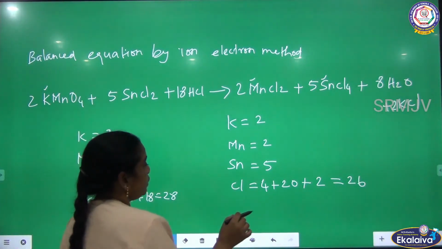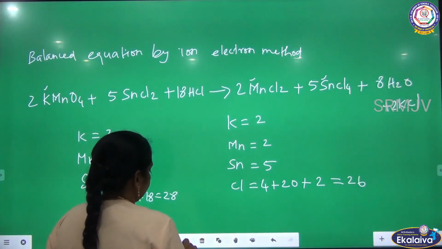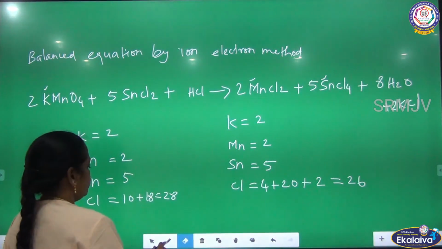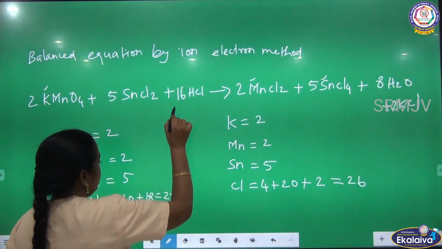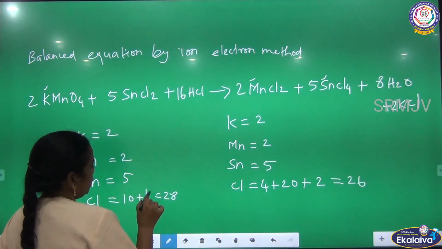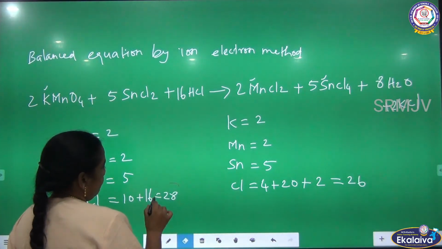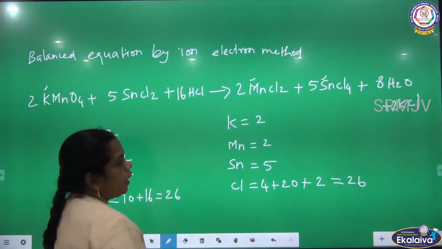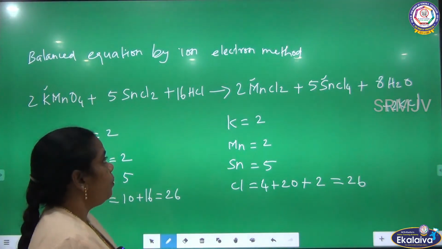Sorry, here 8 2s are 16, so 10 plus 16 become 26 and 26. Chlorine is balanced.